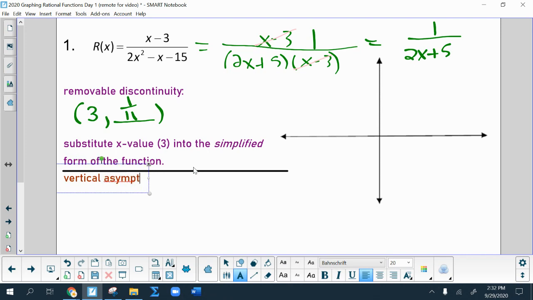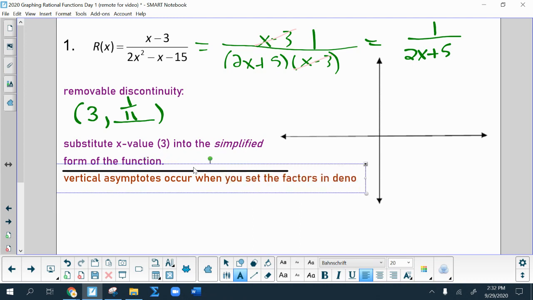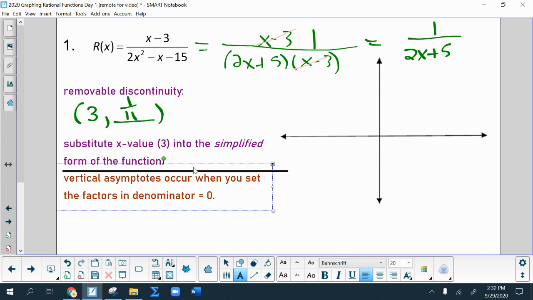Remember that vertical asymptotes occur when you set the factors in the denominator equal to 0. In this particular situation, that is going to be 2x plus 5 equals 0.